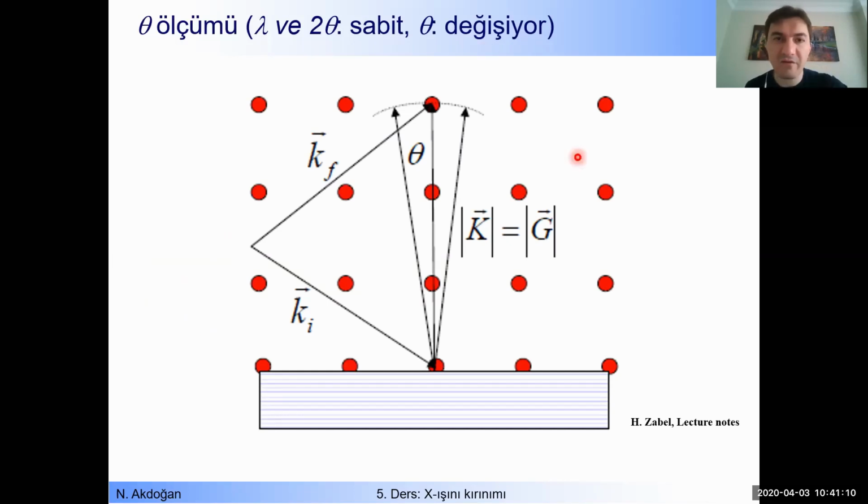We have finished with that transparency. I wanted to continue today, but you told me that you don't have time. Next week, I will continue with X-ray diffraction applications. I will present you a real measurement with X-ray diffraction, and then we will try to analyze it.